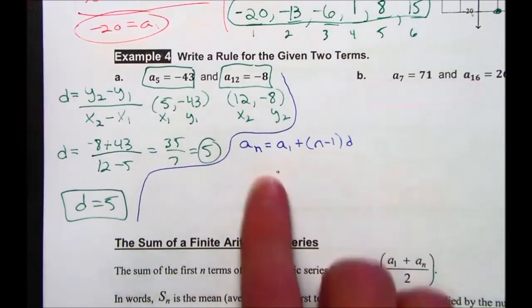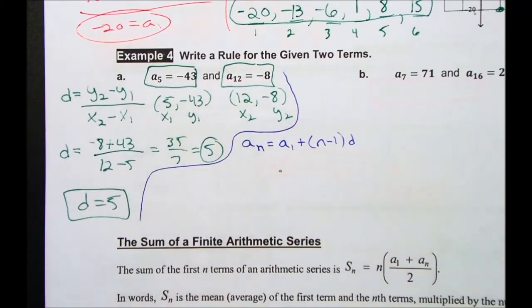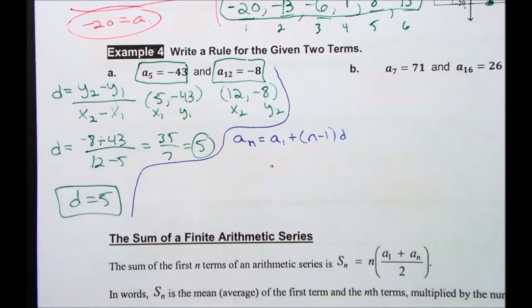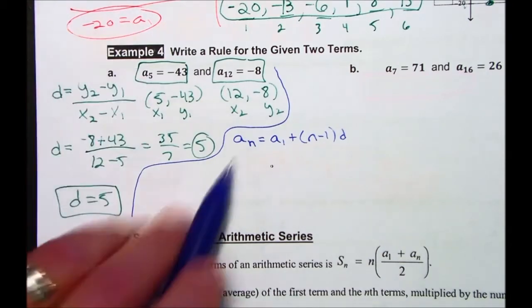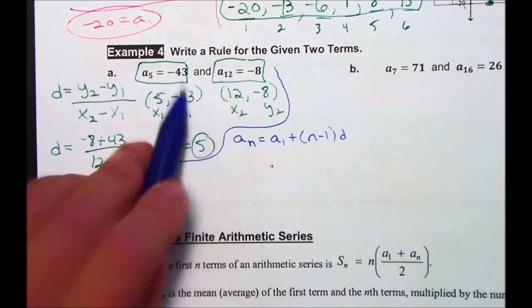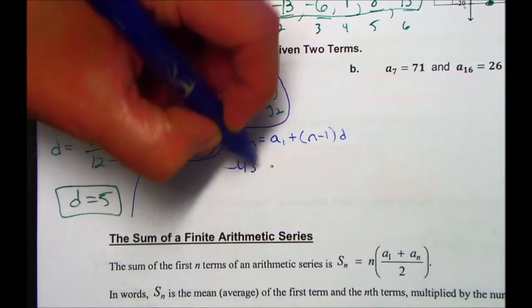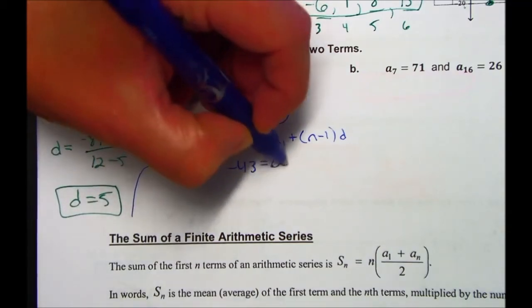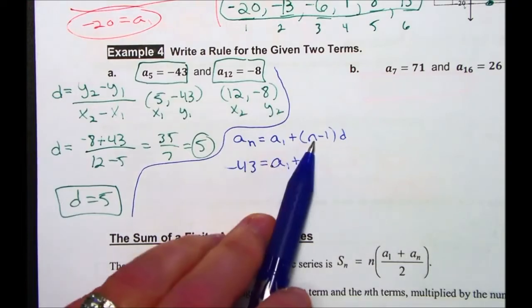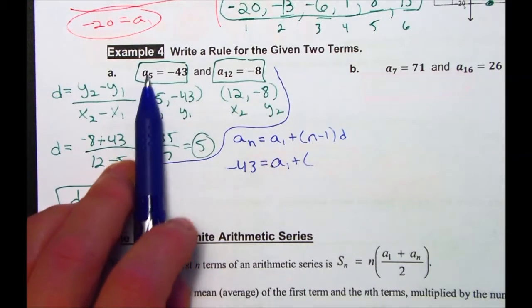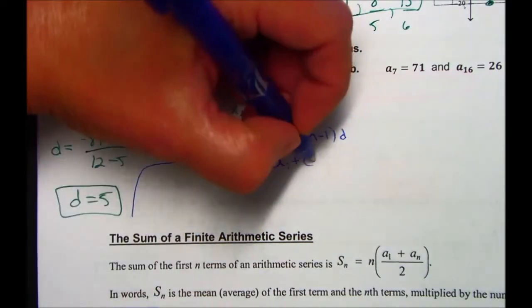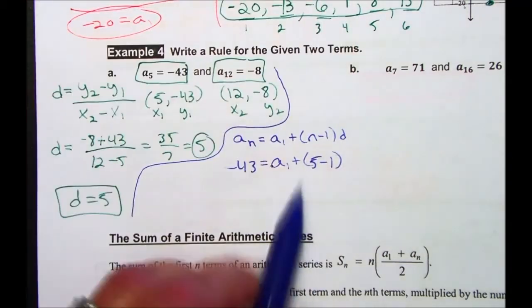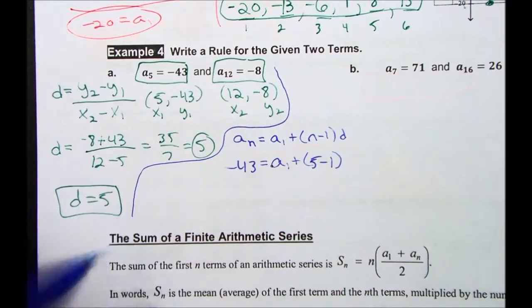We're going to use either one of these points. It doesn't really matter which one. So I'll just use the one with the smaller n value. Instead of a sub n, we're going to plug in negative 43. A sub 1 we don't know. The n is 5, minus 1, and our d is 5. We just found that. And now we have to solve for a sub 1.